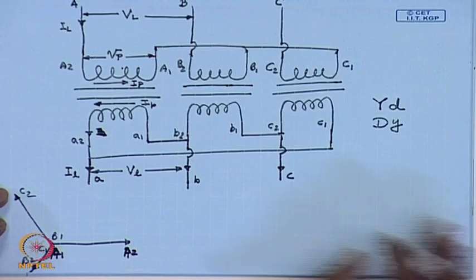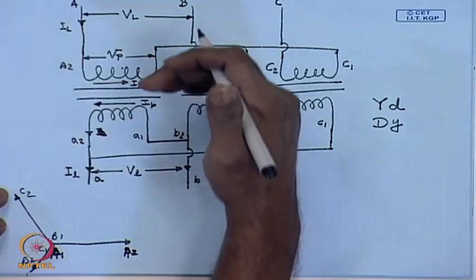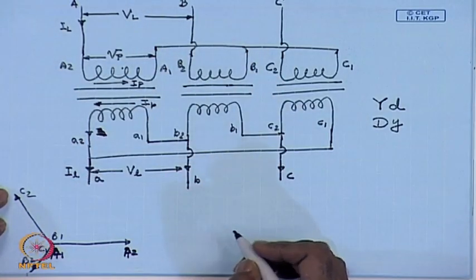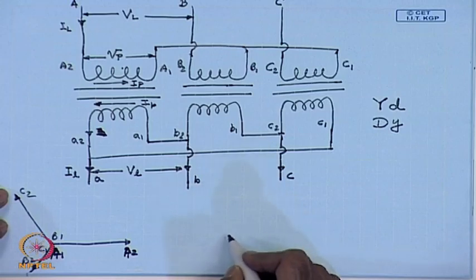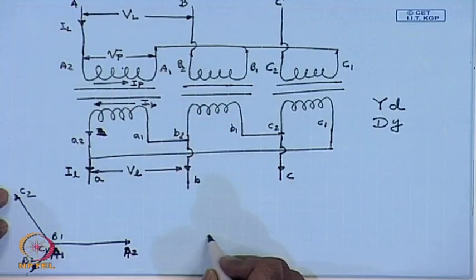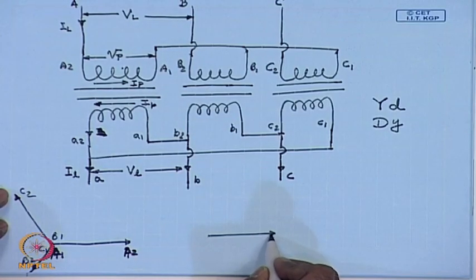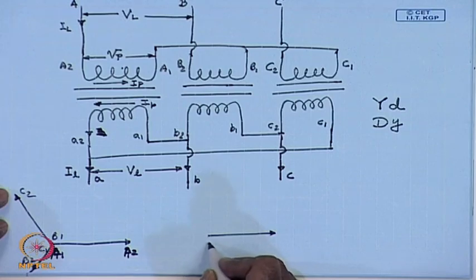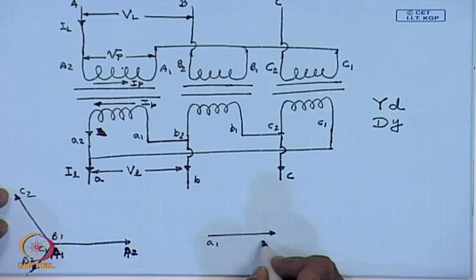So, the corresponding winding voltages will be in phase. So, the voltage V_A1A2, this is A1, this is A2.